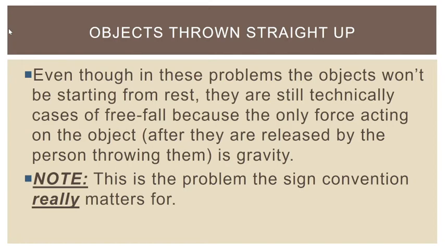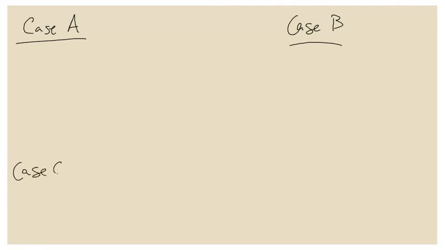Okay, so to warm us up for this problem, the case of objects being thrown straight up in the air, we're going to look at 4 examples of motion for an object. We're going to call them case A, case B, case C, and case D. And the question that I'm going to ask you is, what is happening to the object?